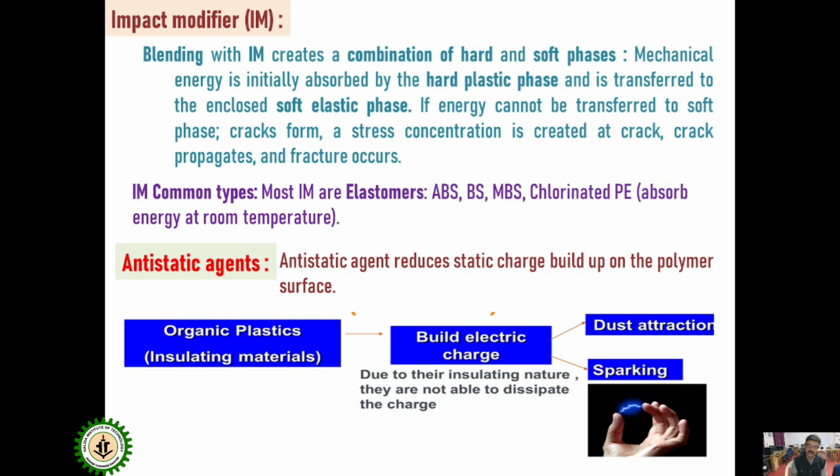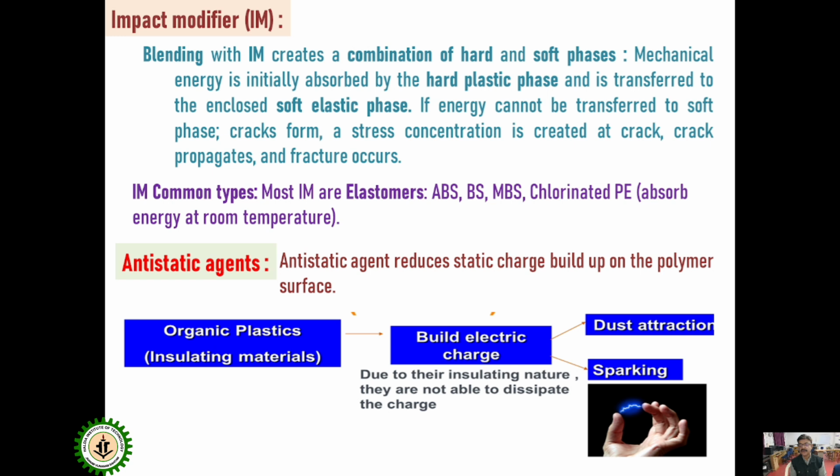Anti-static agent reduces the friction, because due to friction with the polymeric material, static electricity will be developed, and that is obvious. So to reduce the friction, these anti-static agents are used, a silicon oil-like material which is used during compounding.